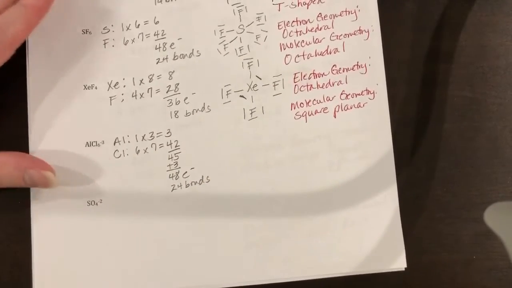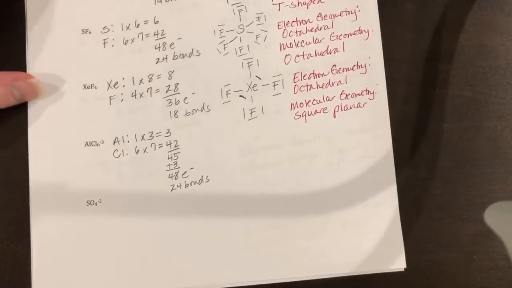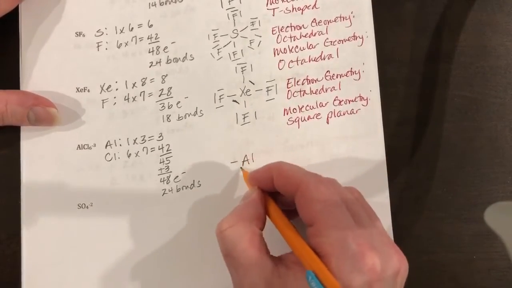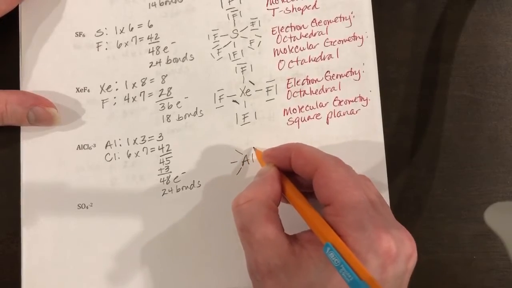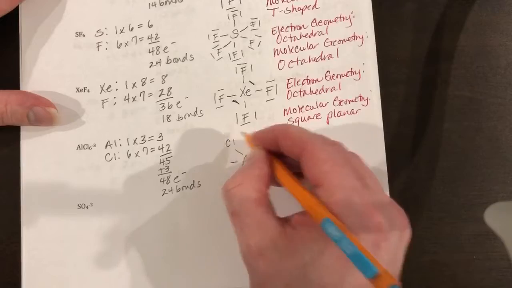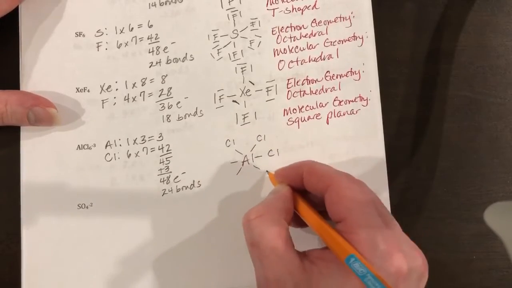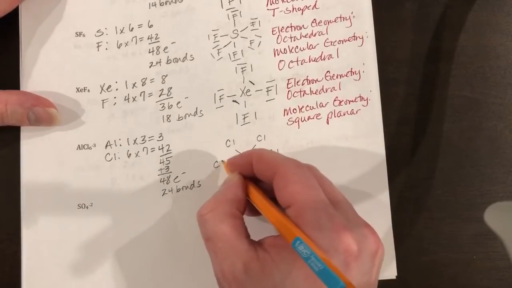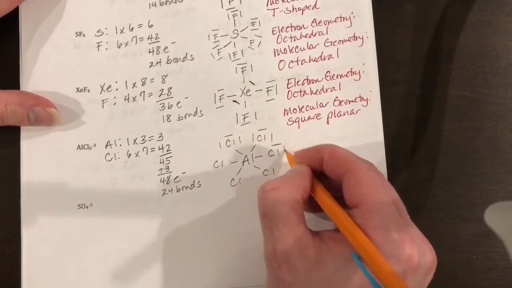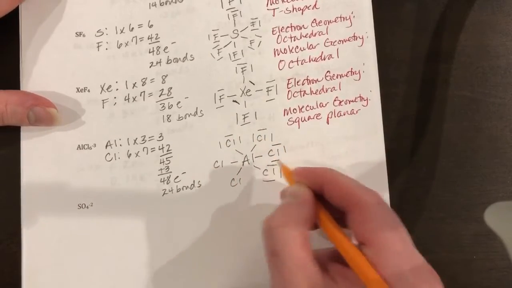So this one's going to be a little bit different because we've got this charge to deal with. Aluminum's going to be the central atom. So I'm going to put my chlorines, and I'm going to put my 3 pairs of electrons on them because that's what usually happens with chlorine.